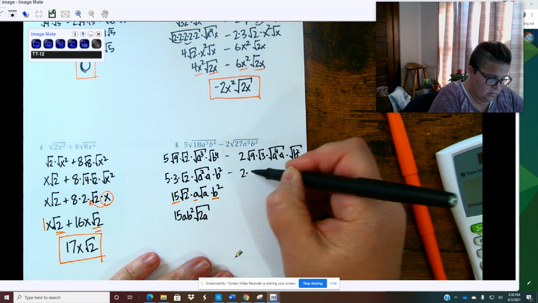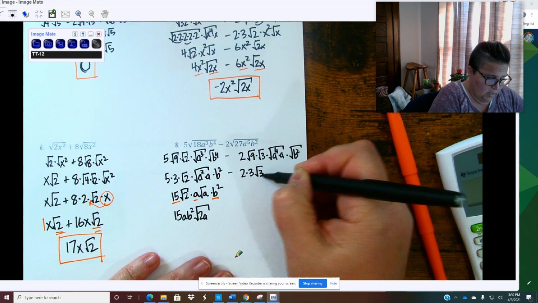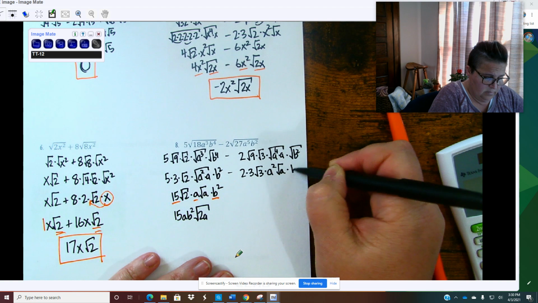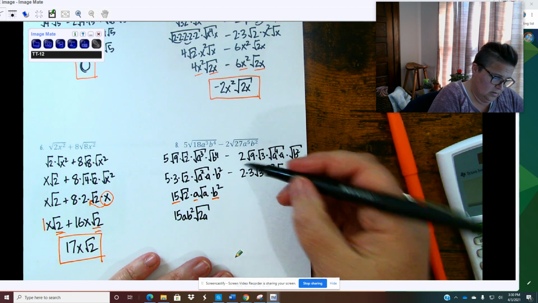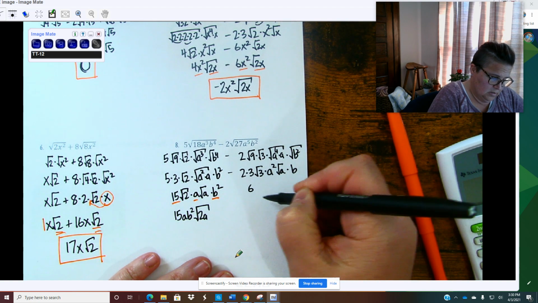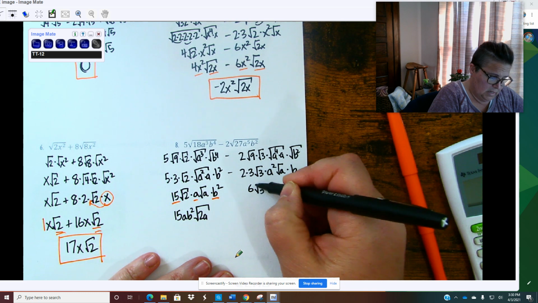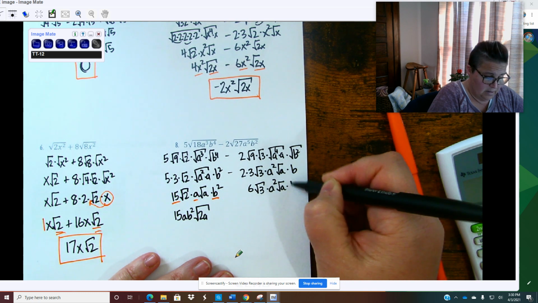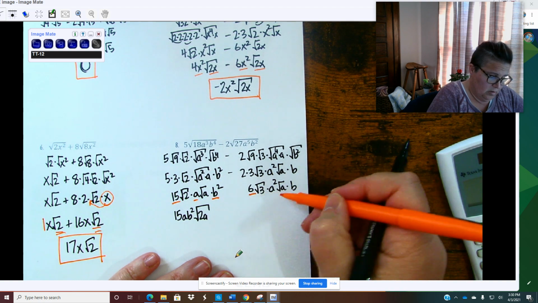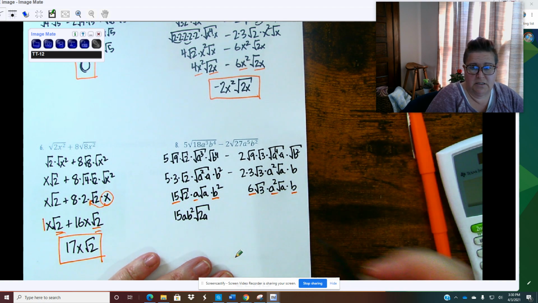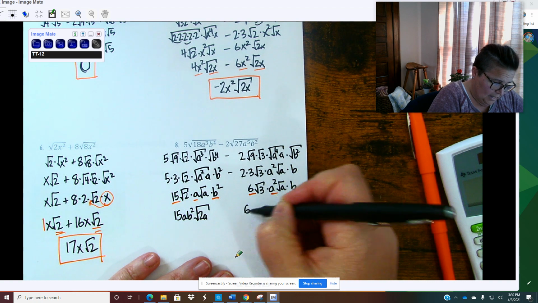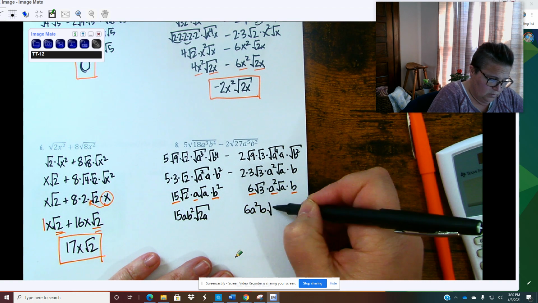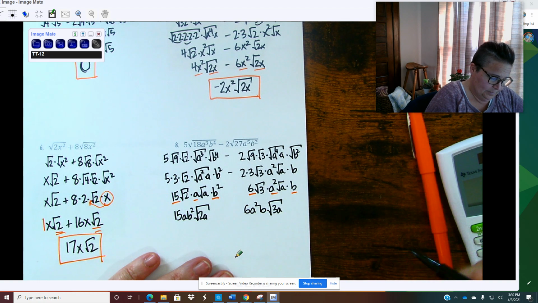So that's going to be 2 times 3 square root 3 times a squared square root of a times b, or 6 square root of 3 times a squared square root of a times b. I'm going to pull all these not underneath the square root out front. I got 6a squared b times the square root of 3a.